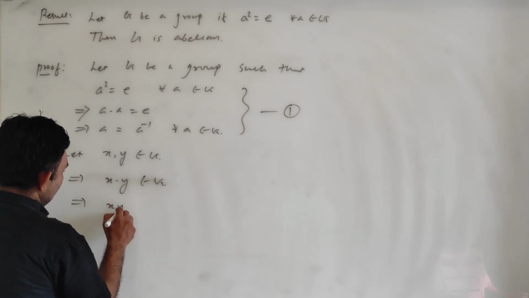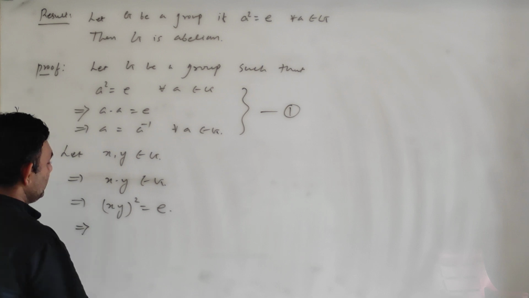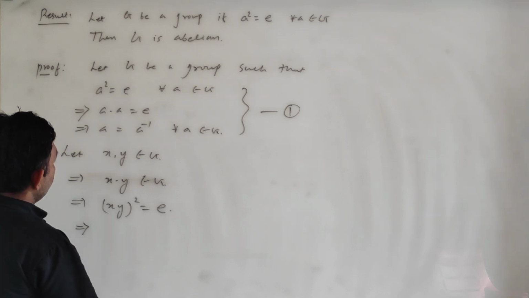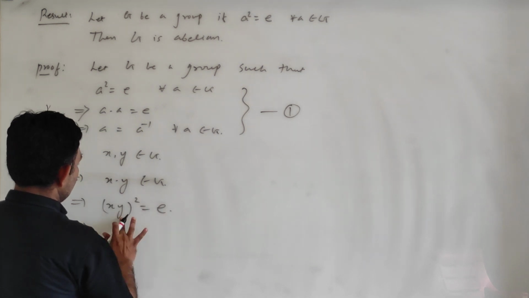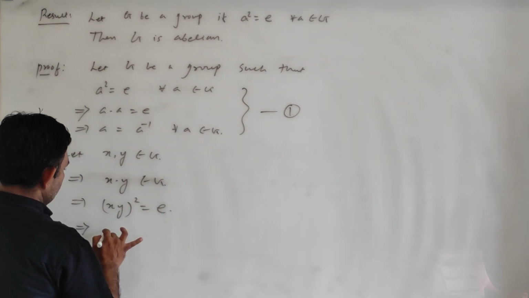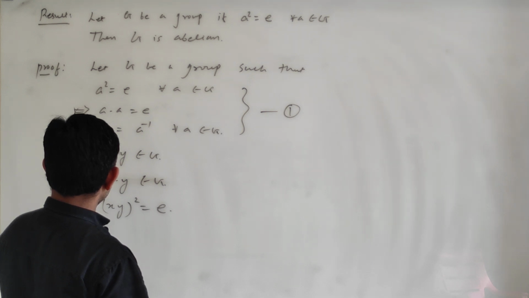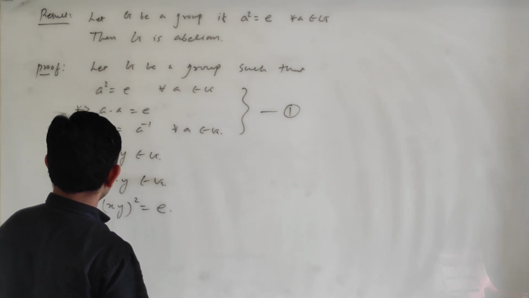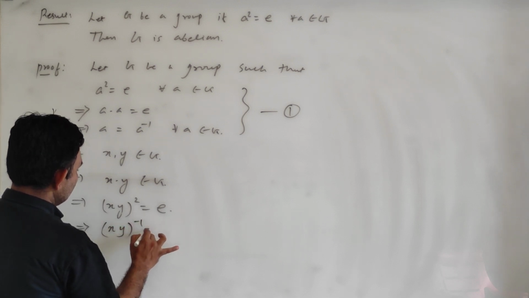So this (xy) square is identity. So (xy) inverse is the same as xy.